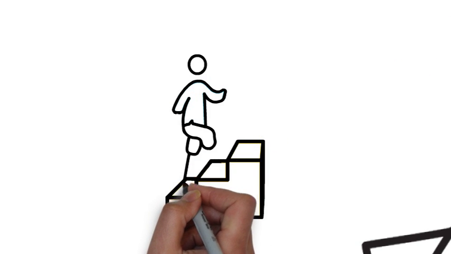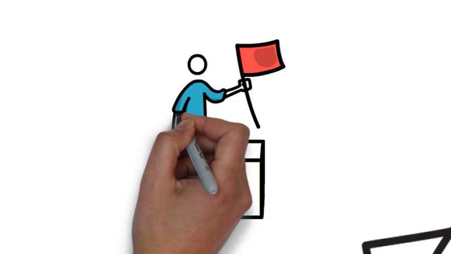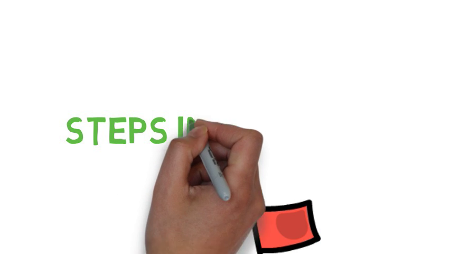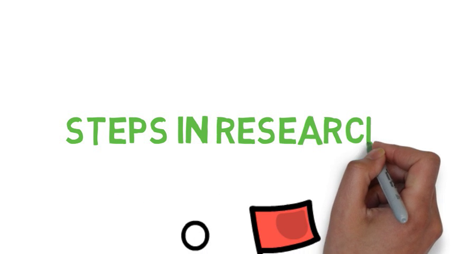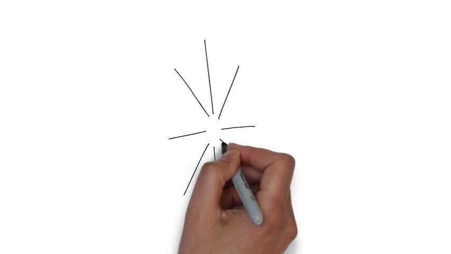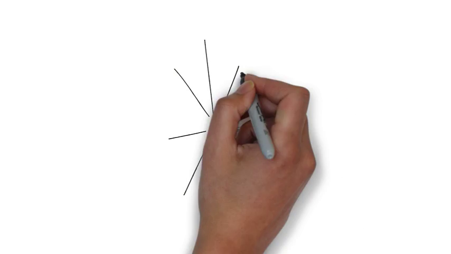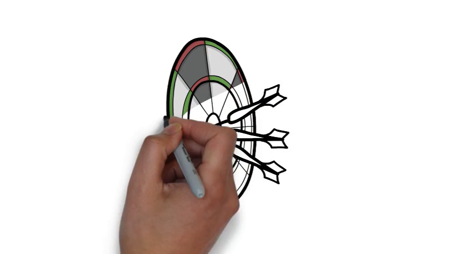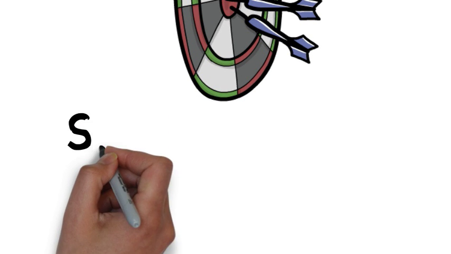Now for an overview of the steps of doing research. There are your specific aims, which identify and develop your topic and see how it relates to clinical practice.